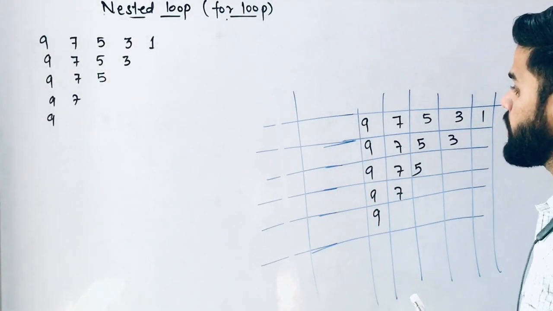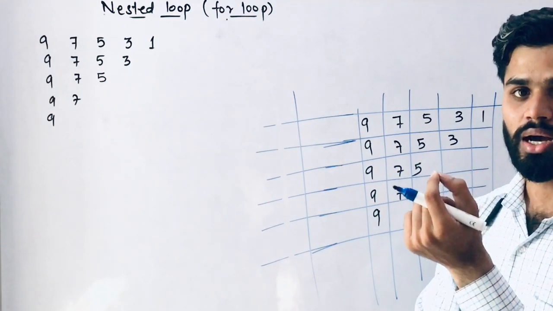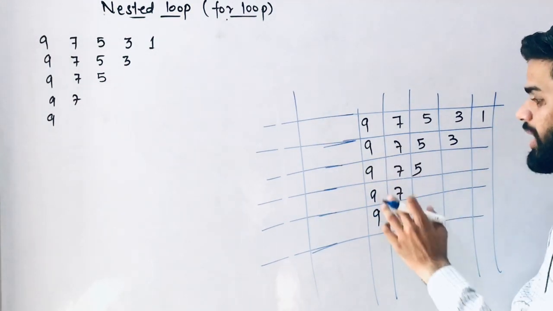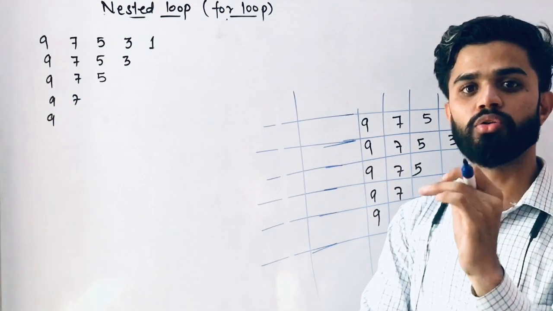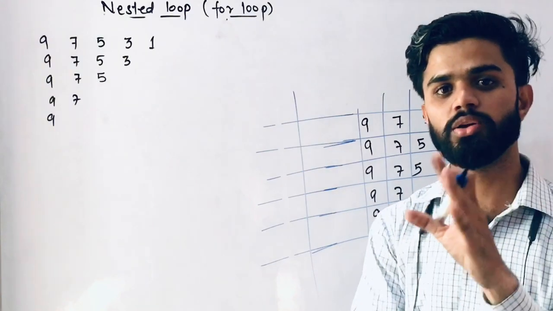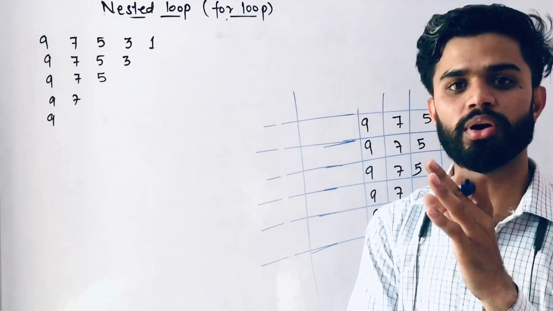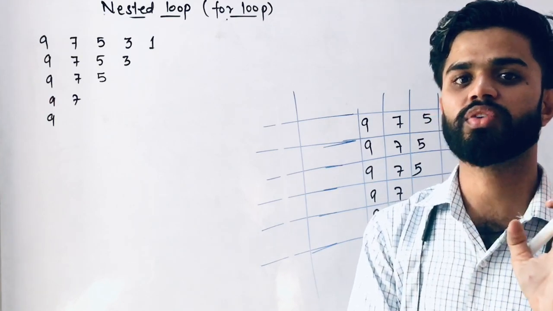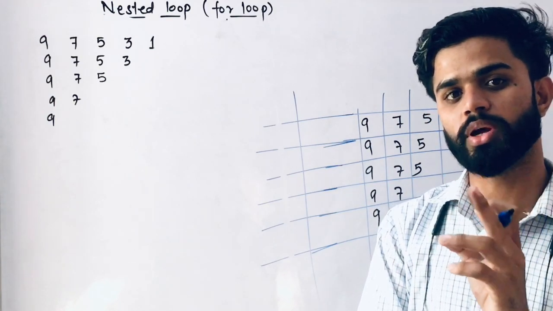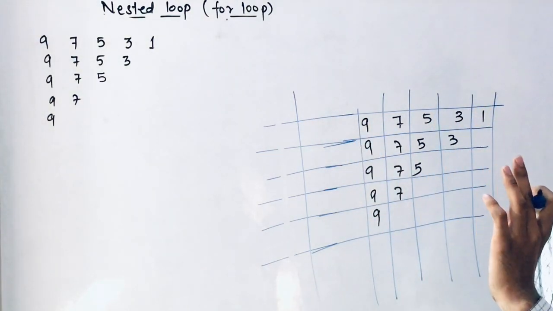Now if we want to print this pattern, we need to understand how many rows there are. 5 rows are there. It means our outer loop runs 5 times. It does not matter what values are there or how we run it, but it is very important to run the outer loop 5 times, because when the outer loop runs 5 times, it prints 5 rows.